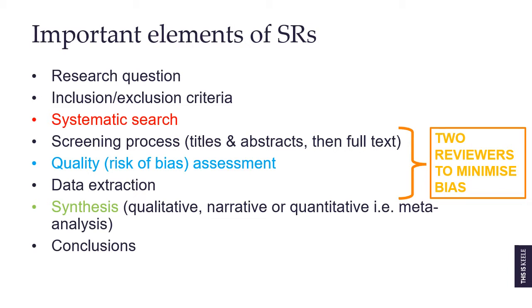So data is extracted into forms and spreadsheets, and that is then used in the synthesis and also in the writing up stages of the review. In a good published review, you should be able to follow, understand and also replicate how the reviewers got from their individual studies to their conclusion.